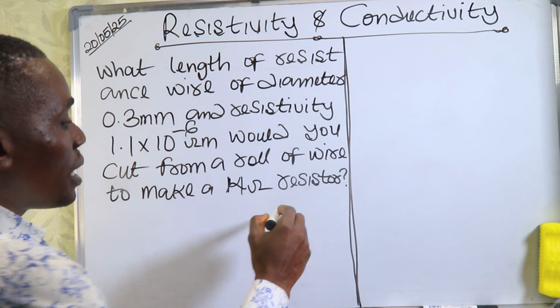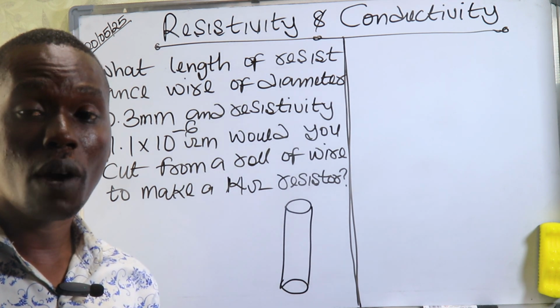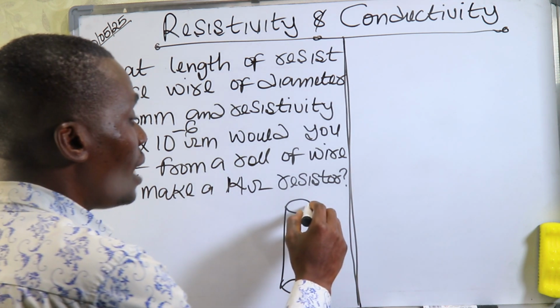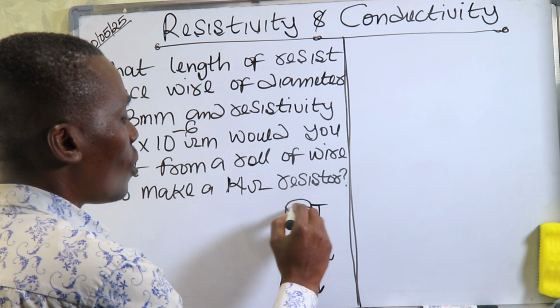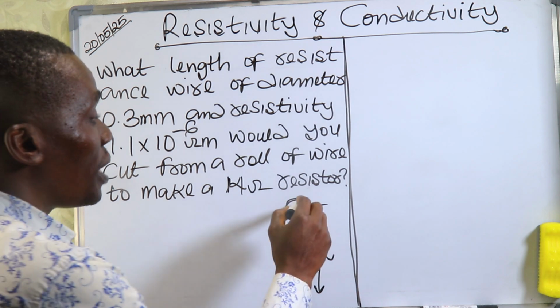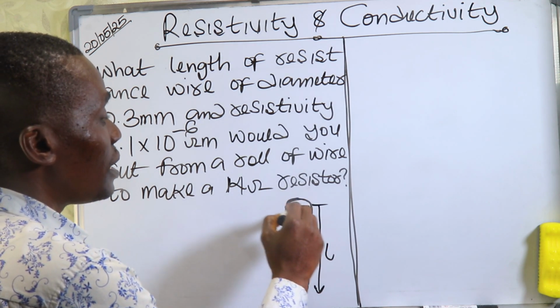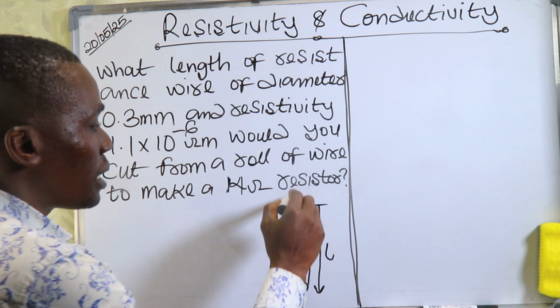That means if I have a wire like this and I want to find its resistance, the length of this wire matters and the cross-sectional area, this side, the diameter, also matters.